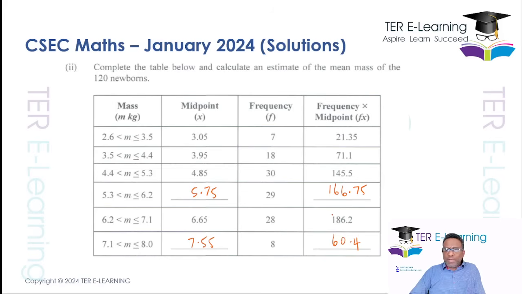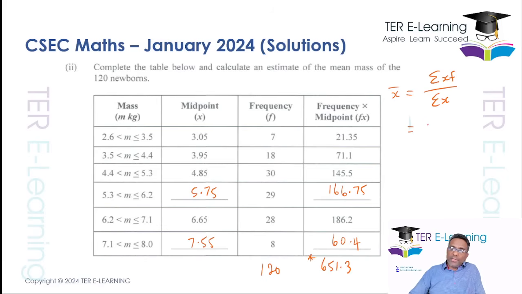They want us to estimate the mean. So the mean, which is x bar, is equal to sigma xf over sigma f. When you add up the frequencies, technically we should get 120 because it told us it's 120 newborns. So we need to add up this column here. That's going to be 21.35 plus 71.1 plus 145.5 plus 166.75 plus 186.2 plus 60.4, and this is going to be 651.3.